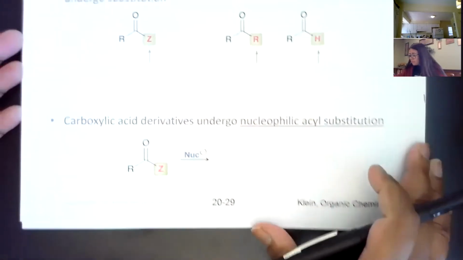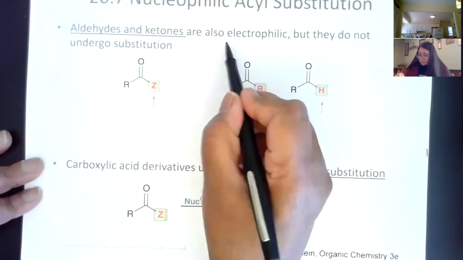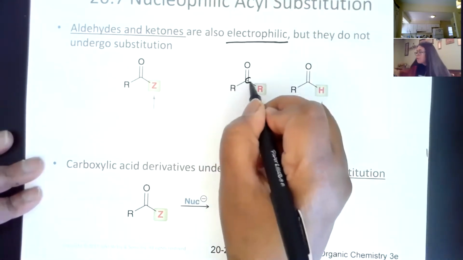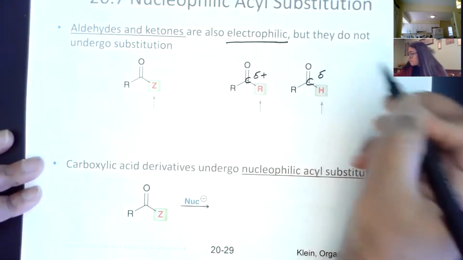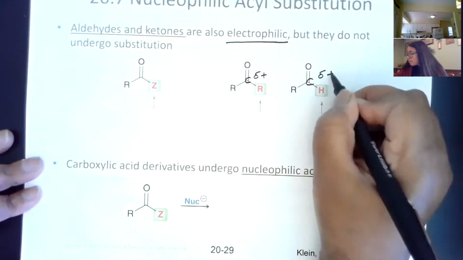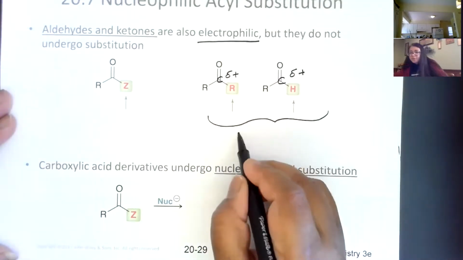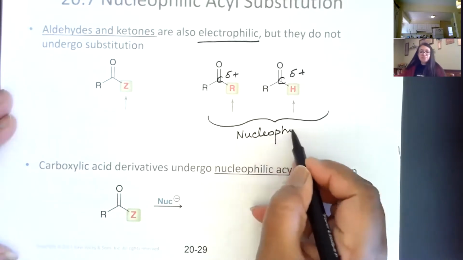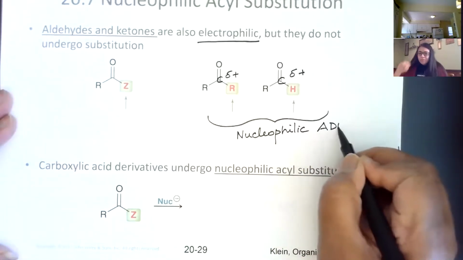Aldehydes and ketones, they are also electrophilic, right? Carbon delta plus. These two undergo nucleophilic addition, that's chapter 19.